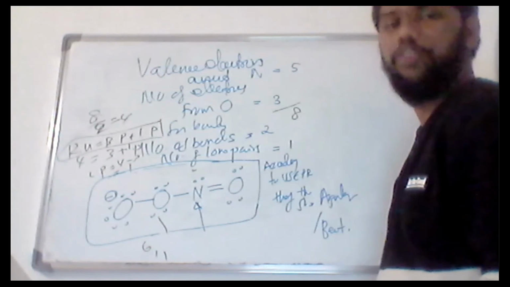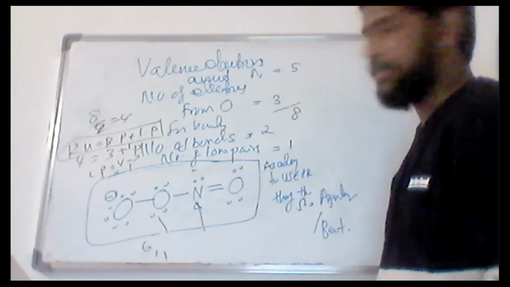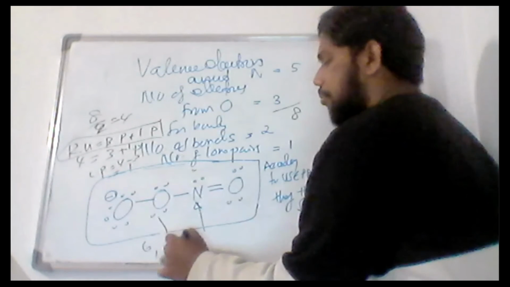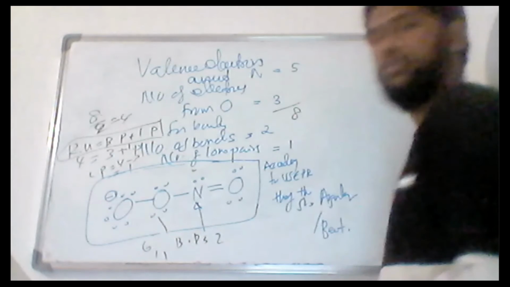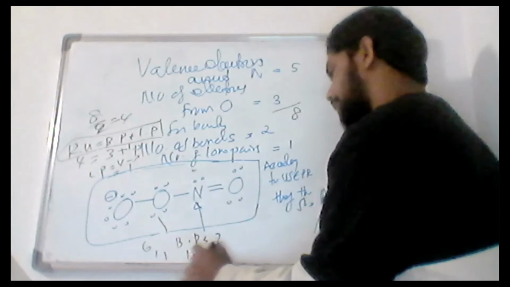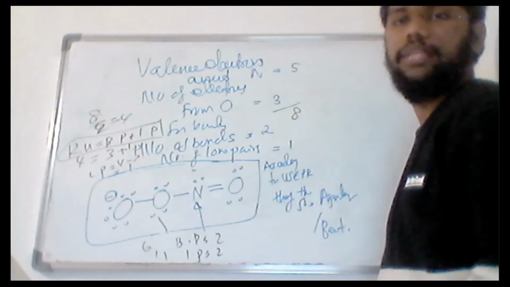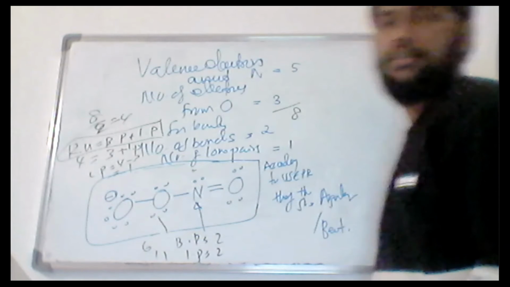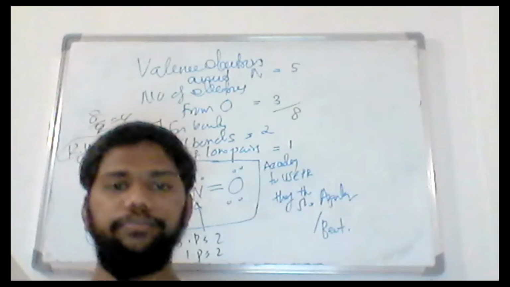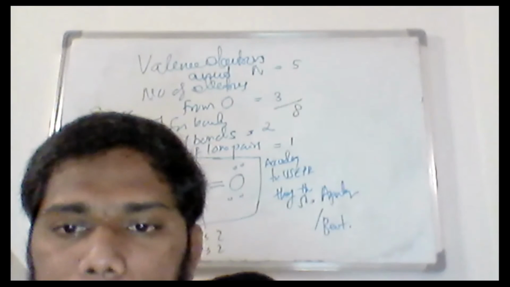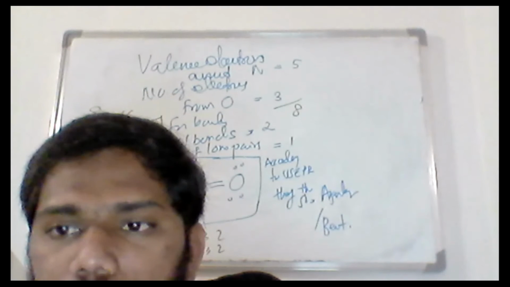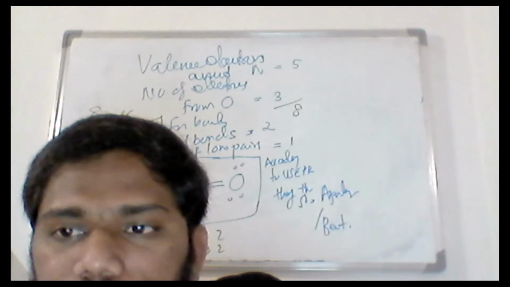So the repulsion unit will be 4. You don't care about that. Then you can write down bond pairs 2, lone pairs 2. According to VSEPR theory, what is it? Again, it is angular or bent. Okay, so next one.